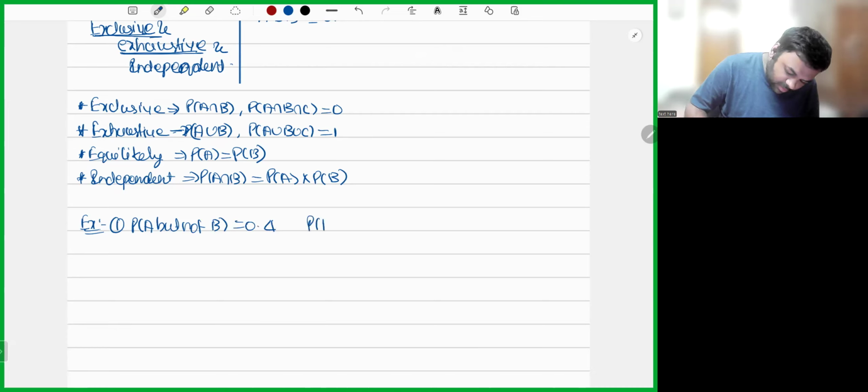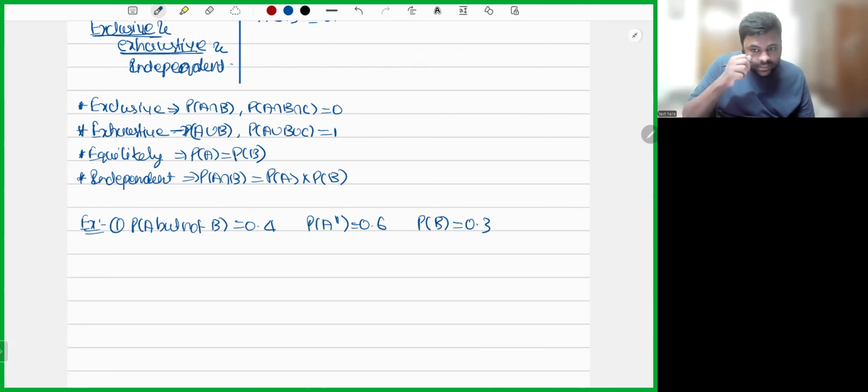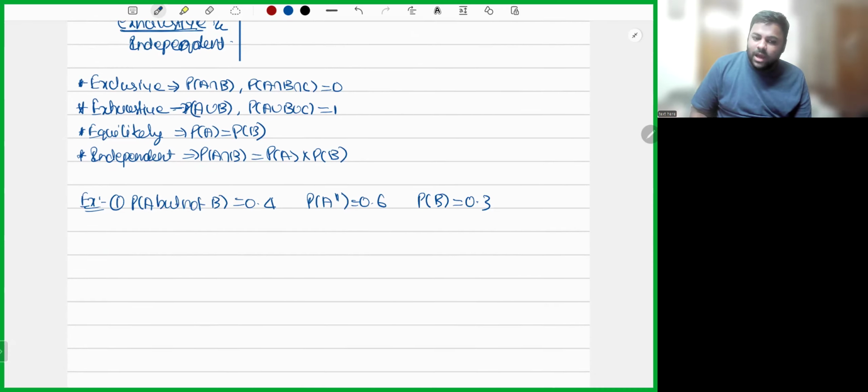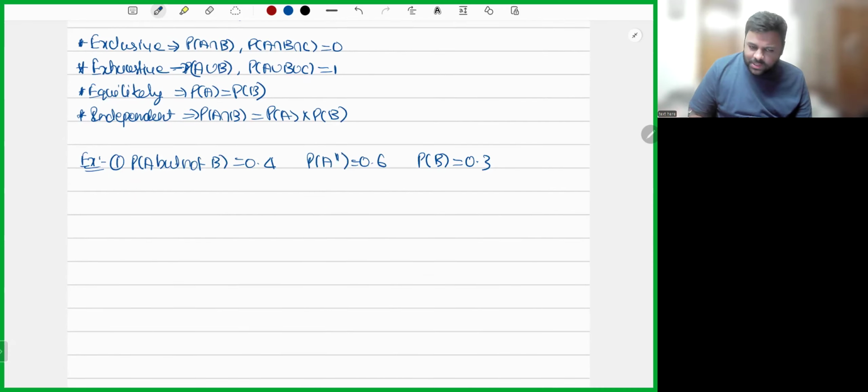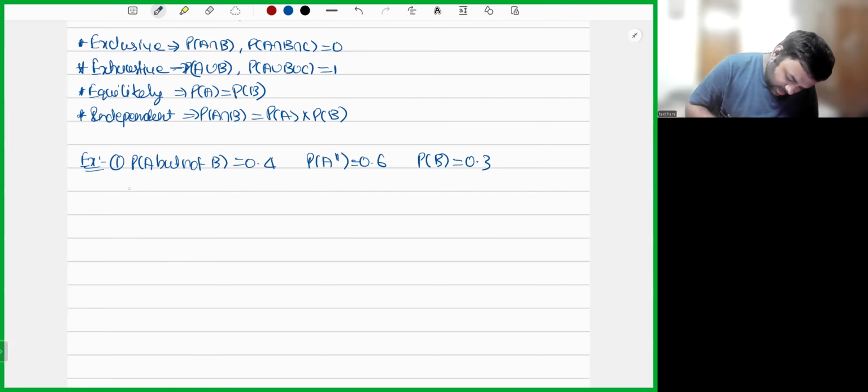P of A complement is equal to 0.6. P of B is equal to 0.3. He is asking what type of events A and B are. Now it's simple, my dear friends. He's telling P of A but not B. What is P of A but not B? P of A minus B is equal to 0.4. Next, P of A complement is 0.6. Then what is P of A?